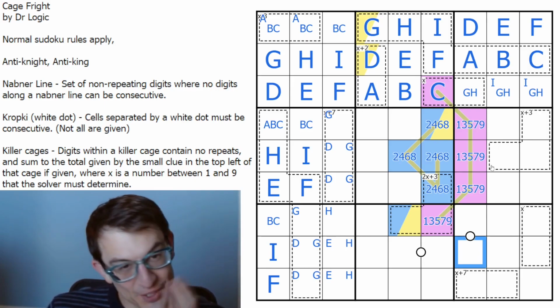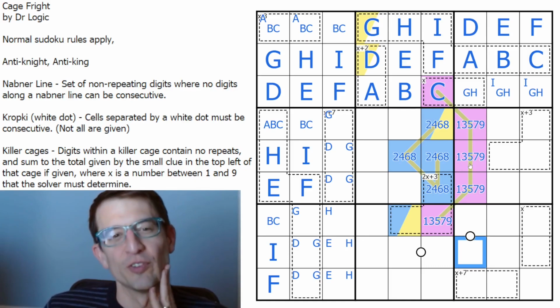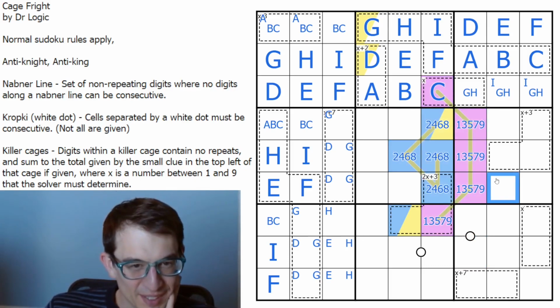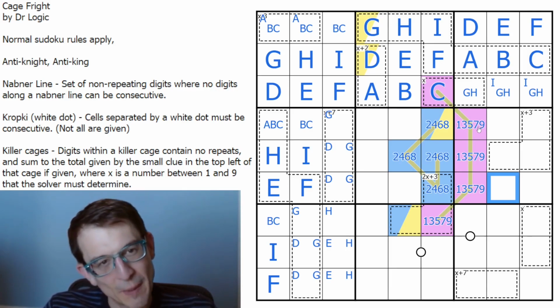I don't want to do color coding and lettering. Maybe I should have called these A, B, C, D, E, F, G, H, I or something. Well, I'm going to stick with this for now.